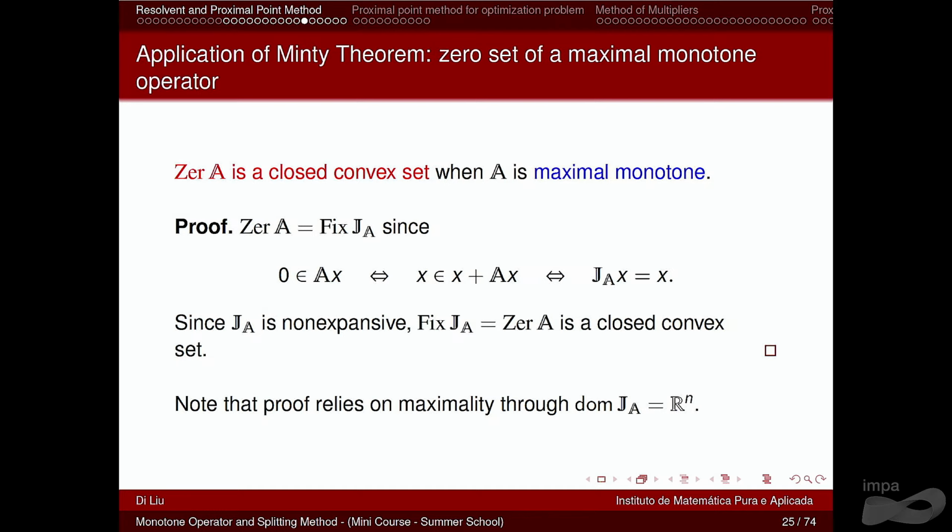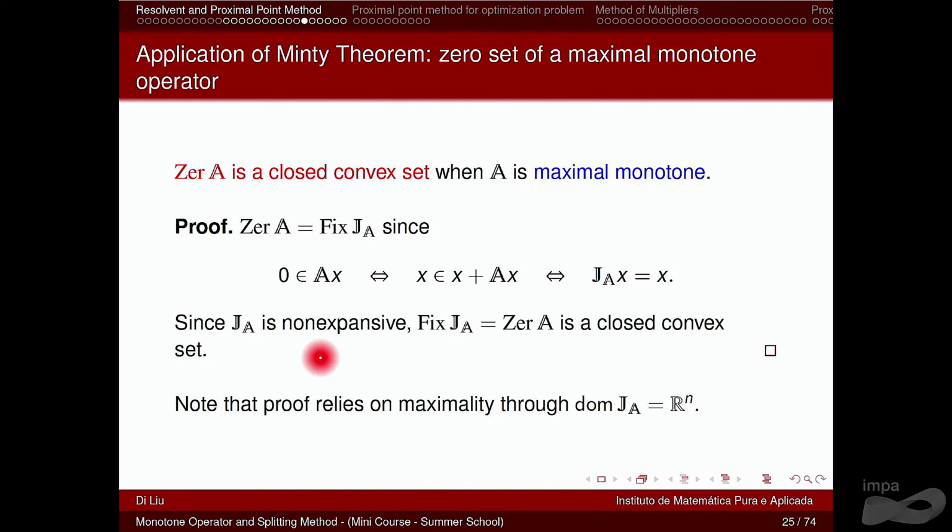This is the idea why we can use the proximal point method to solve the maximal monotone inclusion problem.